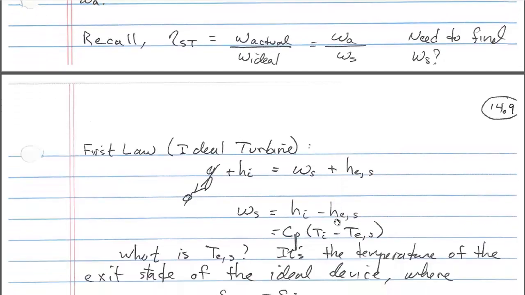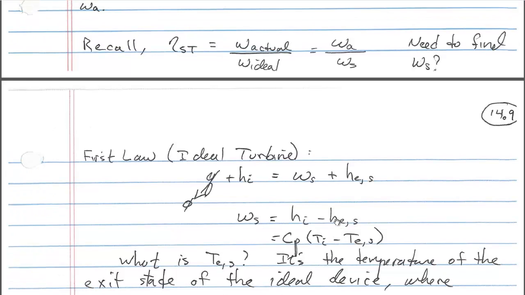So the first law for the ideal turbine is the following. We have the same first law, Q plus HI, is equal to now our W sub S, the ideal work transfer, plus the ideal exit enthalpy, HE comma S. So we rewrite this to solve directly for W sub S, since that's what we want.